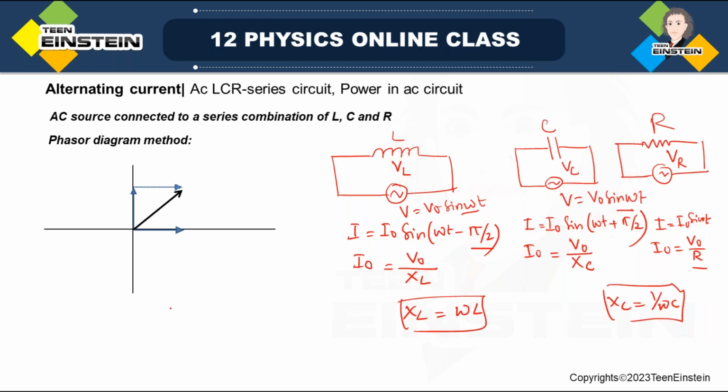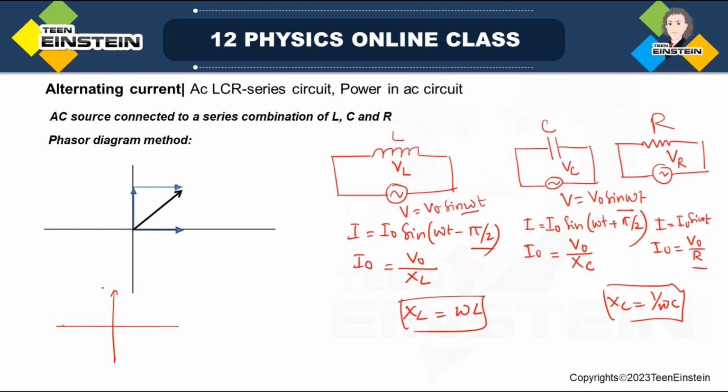So if I draw all of them, let us suppose the current is in the y direction.